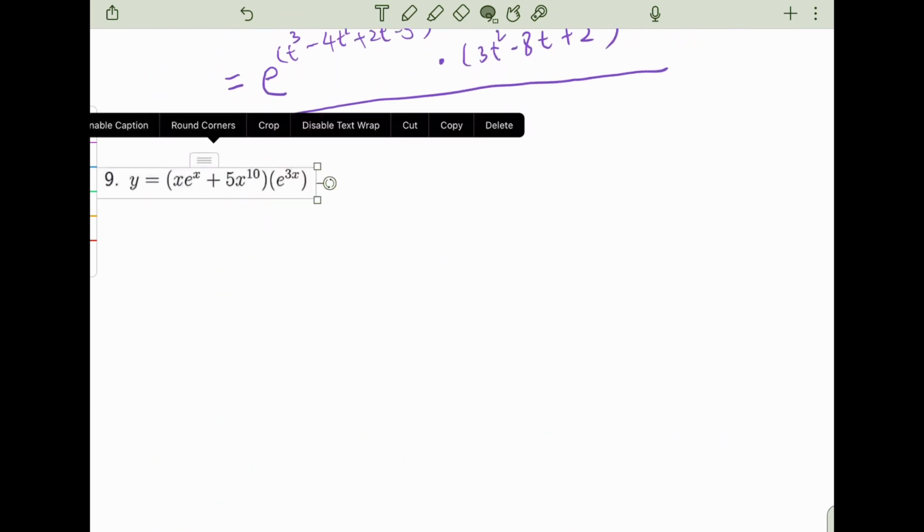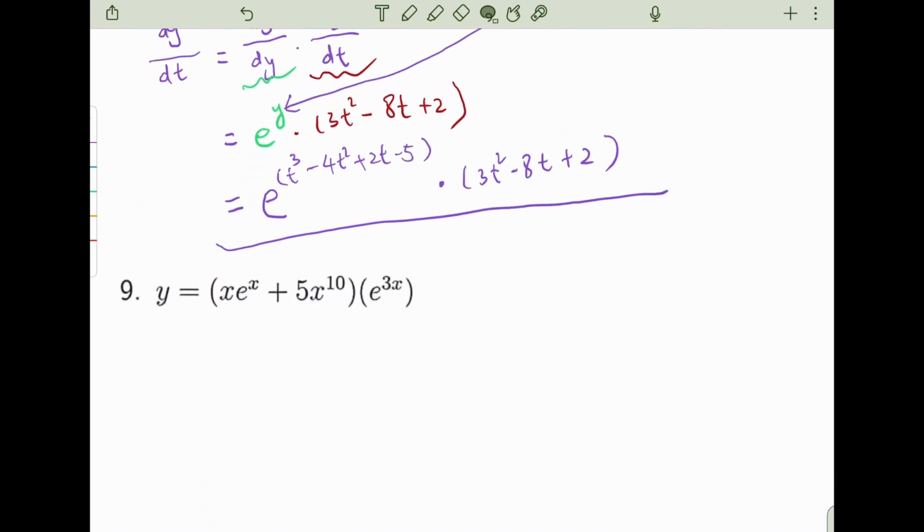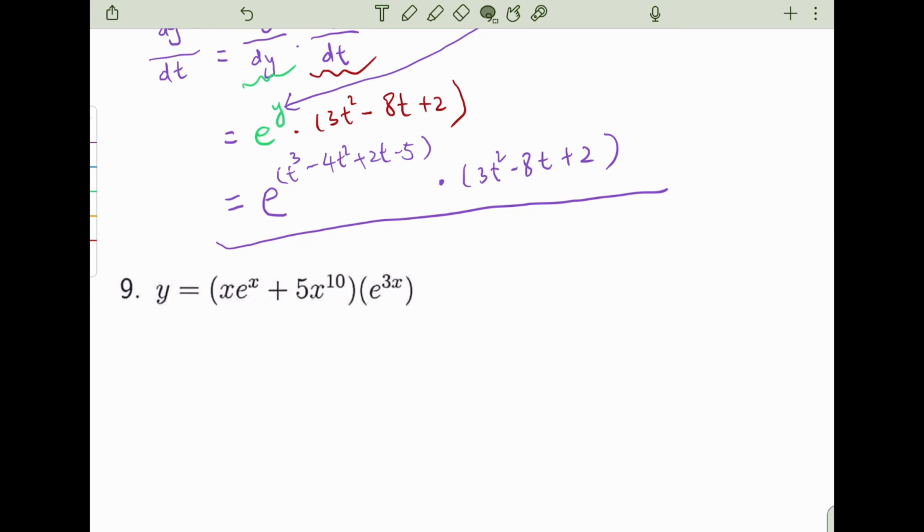Okay, so now let's take a look at this more difficult question. Question 9, right? So it's a product of two functions. We will need to work on the product rule first, okay? And inside the product rule, there's another product rule here, right?